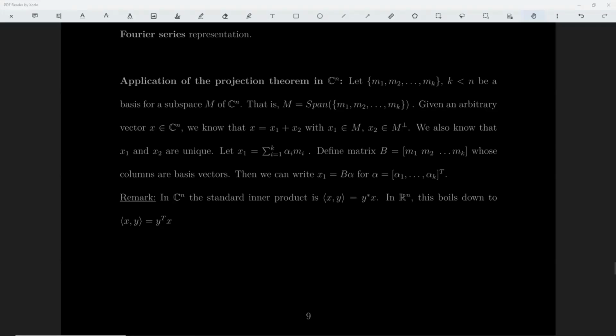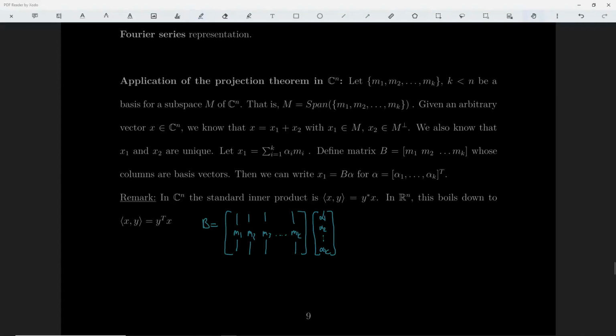So consider that B matrix, which is composed of these vectors M1, M2 through Mk in the columns. So if I multiply that B matrix by the coefficients alpha 1, alpha 2, and alpha k, that multiplication will be equal to this.